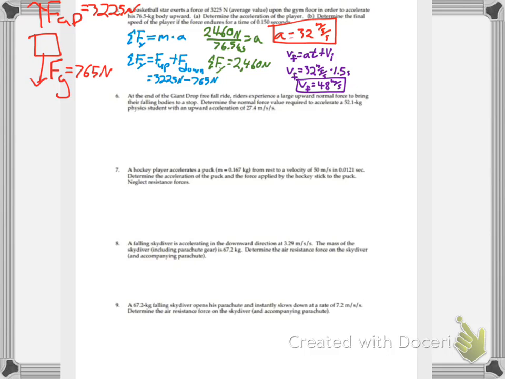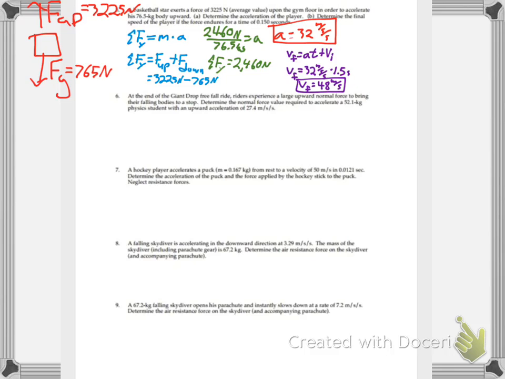Number 6, we have a free fall ride where they experience an upward normal force to stop their falling bodies. So we want to know what the normal force is to accelerate 52.1 kilograms upward. Well, in order to do this, we first need to know what his force due to gravity is, so we can find our net force.